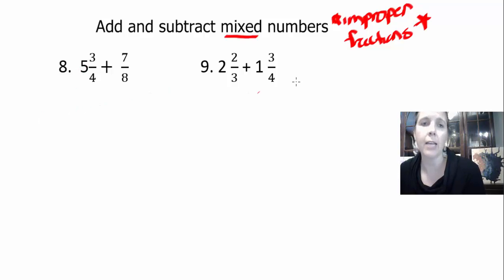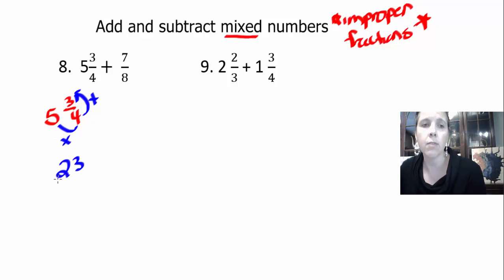You multiply. If I have 5 and 3/4, remember we multiply and then add. 5 and 4 is 20, plus 3, 23 over 4.